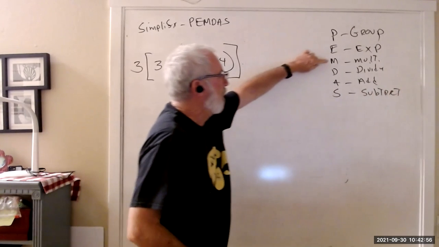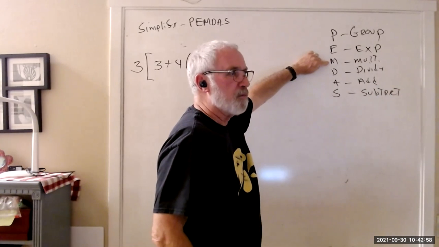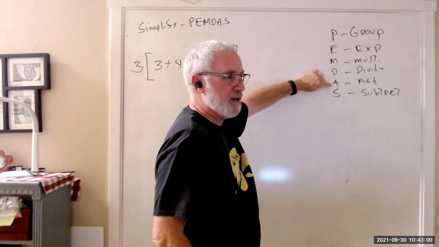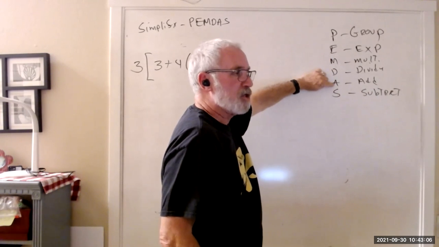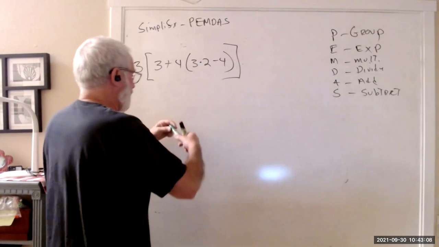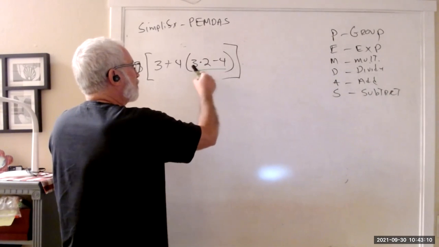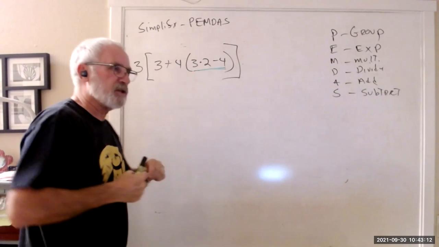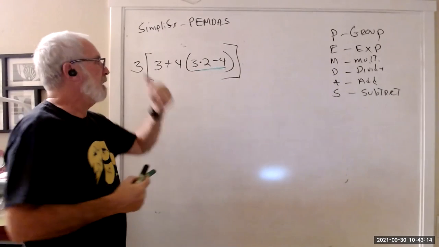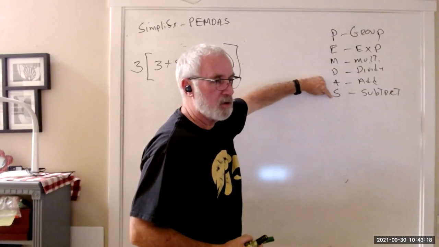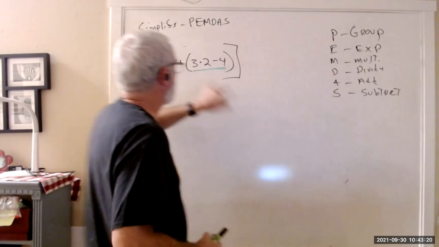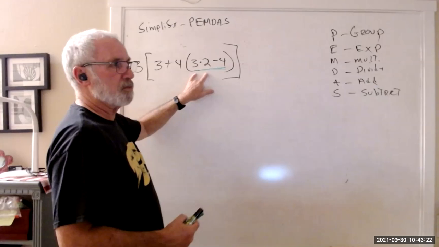And check it out. Multiply is more powerful than add. So when I'm looking in here, in this parentheses, I see that I have to multiply and subtract. Well, actually, multiply is more powerful than subtract too. So the first thing I have to do is multiply those two.